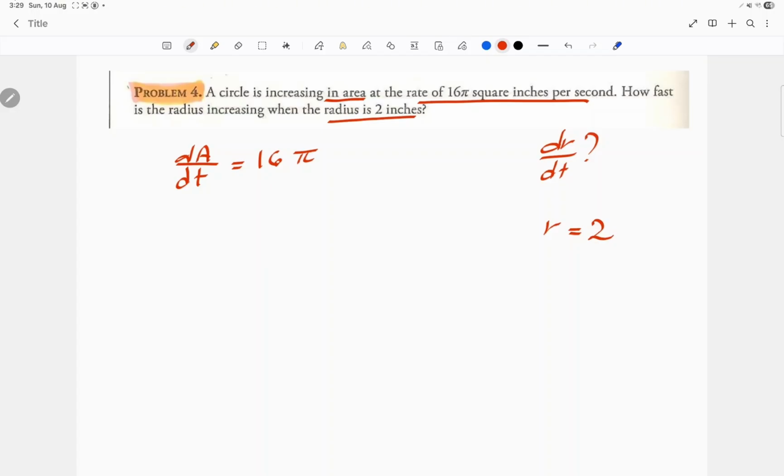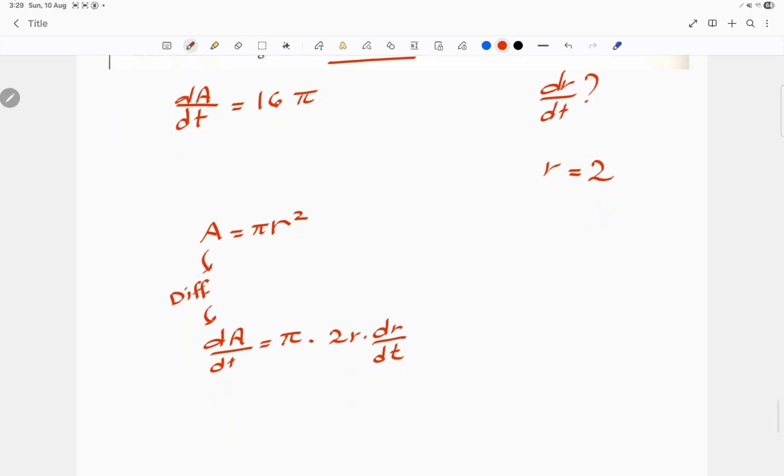What was the area of a circle again? A is equal to pi r squared. Let's now differentiate. So A becomes dA over dt. R squared becomes 2r. Now instead of dA over dt, you just put 16 pi.